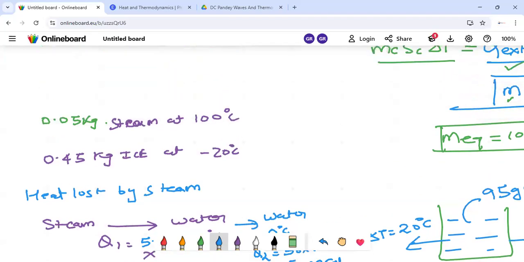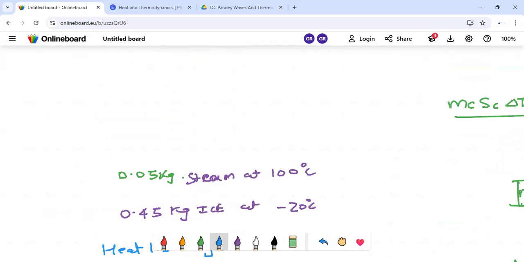Now total heat loss by steam coming to water and then water to 0 degree is 27,000 plus 5,000, or 27 plus 5, which is 32 kilocalorie. Right. Now let's see how much ice will melt from this.